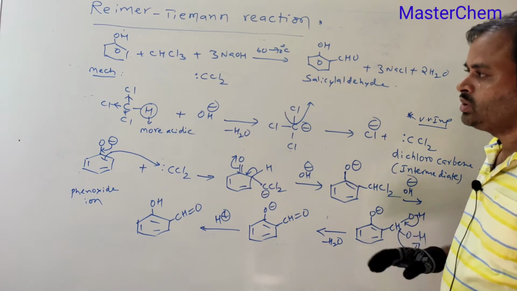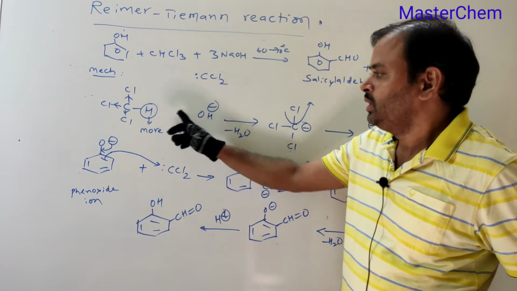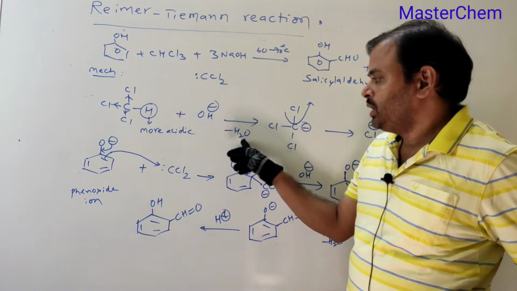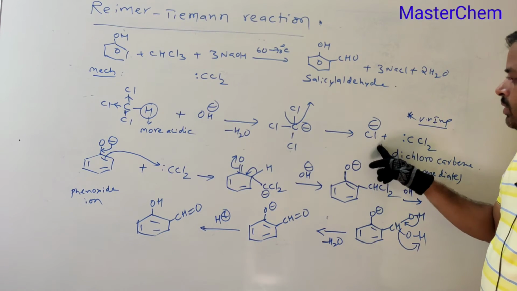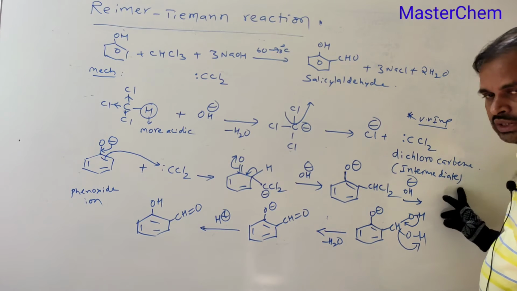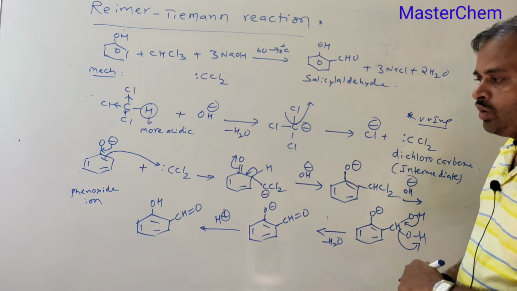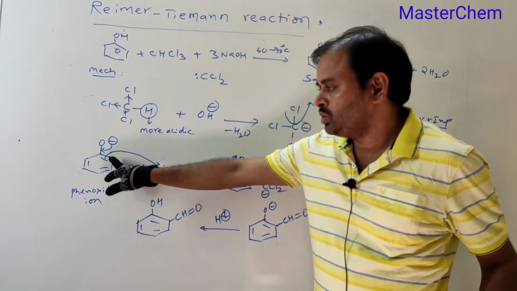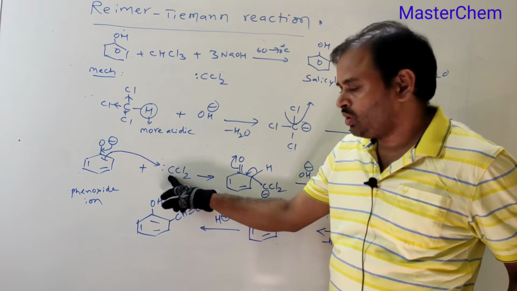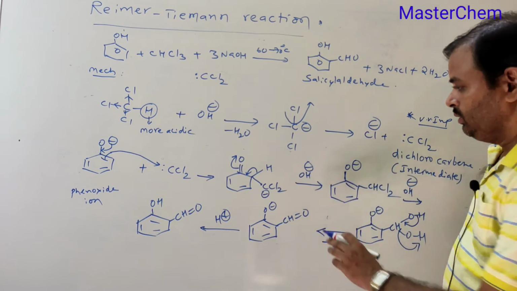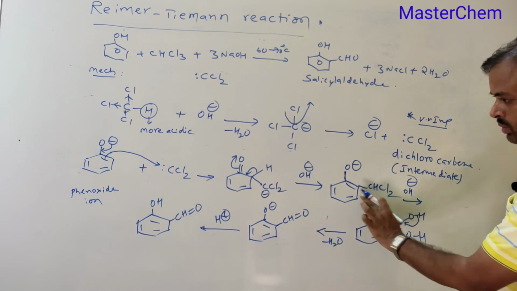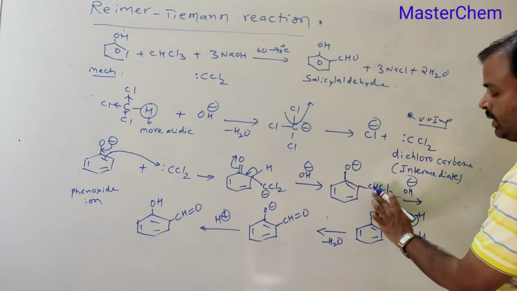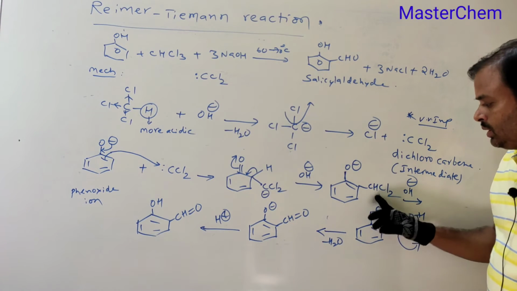Very important. So what happened here? First, it is more acidic, so the acidic hydrogen is picked up by OH minus, becoming H2O and CCl3 minus. From this dichlorocarbene is formed, which is the intermediate and a neutral electrophile. Due to this delocalization, this carbon gets a negative charge, so it attracts the electrophile and forms a bond. Then hydrogen leaves as H plus and combines here.